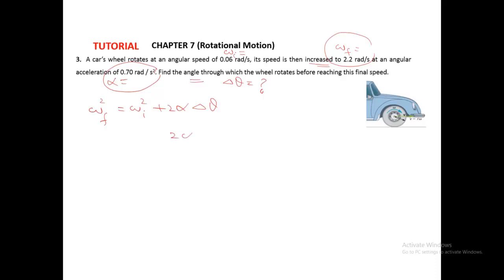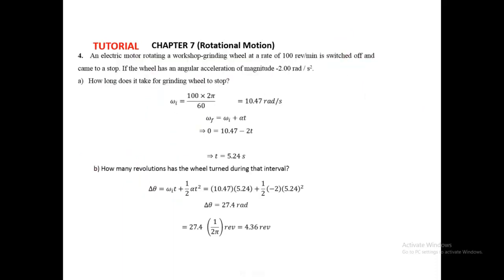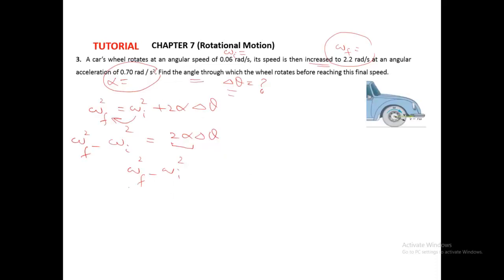If I take 2 alpha delta theta to the other side, okay, you need delta theta, so I take this 2 alpha down.